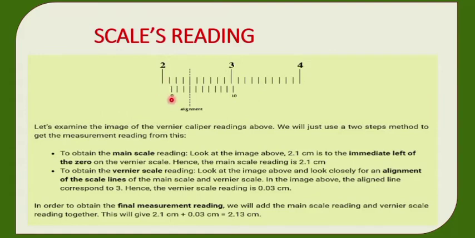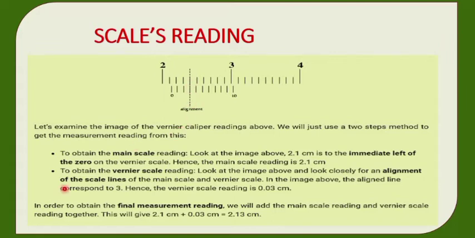We will use the two-step method to get the measurement reading. To obtain the main scale reading, look at the image above. 2.1 centimeter is to the immediate left of the zero on the vernier scale, hence the main scale reading is 2.1. In case of the vernier scale reading, 1, 2, 3, the third line of the vernier scale is aligned to the main scale.